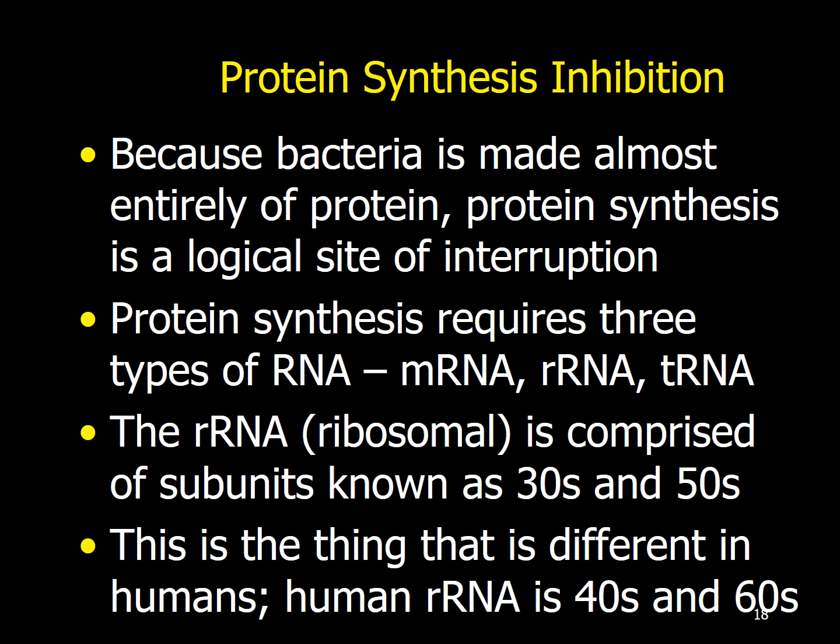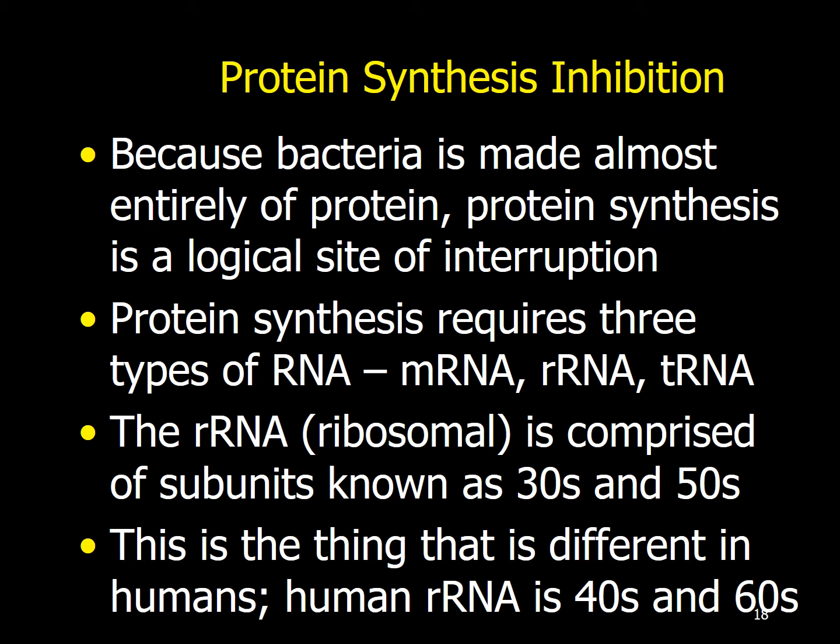And there's one drug, I only know of one, there may be more now, and that is Zyvox, that we use for highly resistant Staph aureus. Zyvox is a 70S subunit inhibitor. When 30 and 50 come together as one unit, like they do at the beginning of protein synthesis, they merge and create a 70S ribosomal subunit.